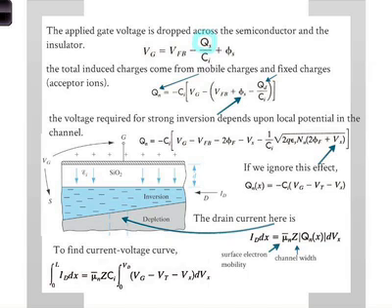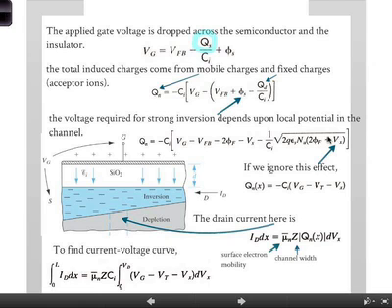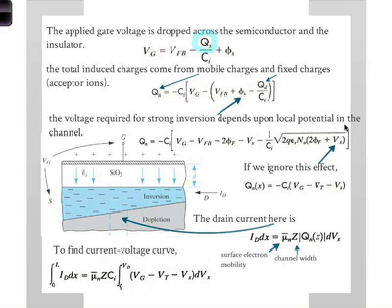It depends on the local potential, the difference between the gate and the local channel potential. Remember, that's this Vx right here. And the Vx here will be pretty negative as well, which means that Vg minus Vx will be basically 0, so I don't have much of a potential difference to attract my holes.